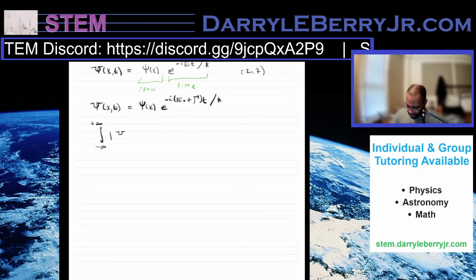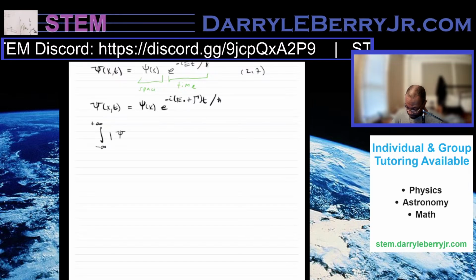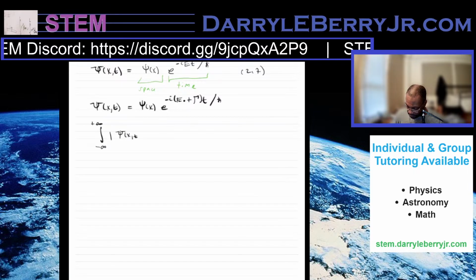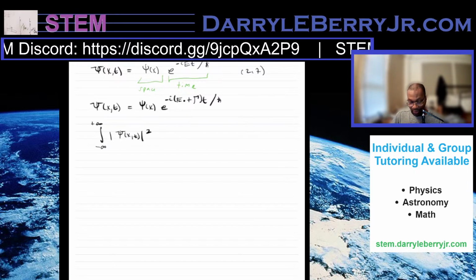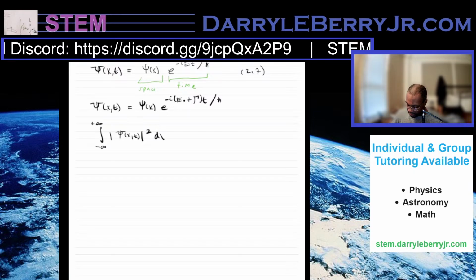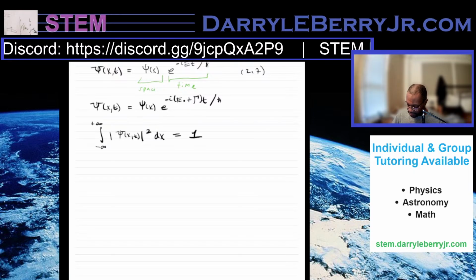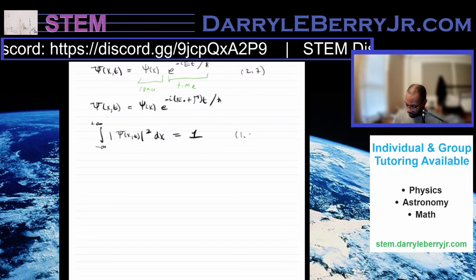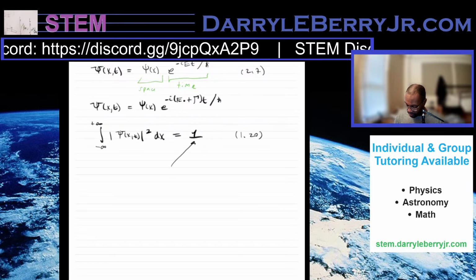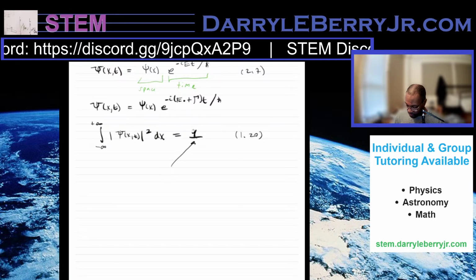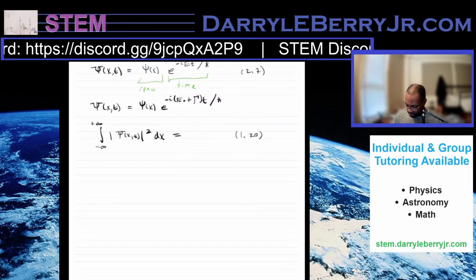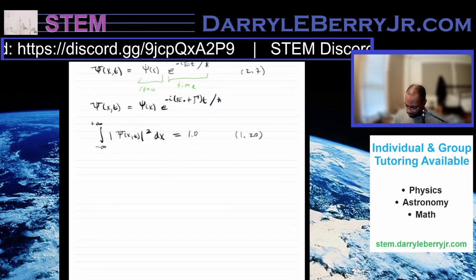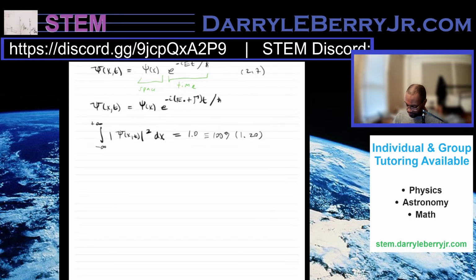So this equation here is a way of measuring the probability that the wave function exists somewhere, which means this should be 100%. And this is where the 1 comes from. So that is basically 100%.